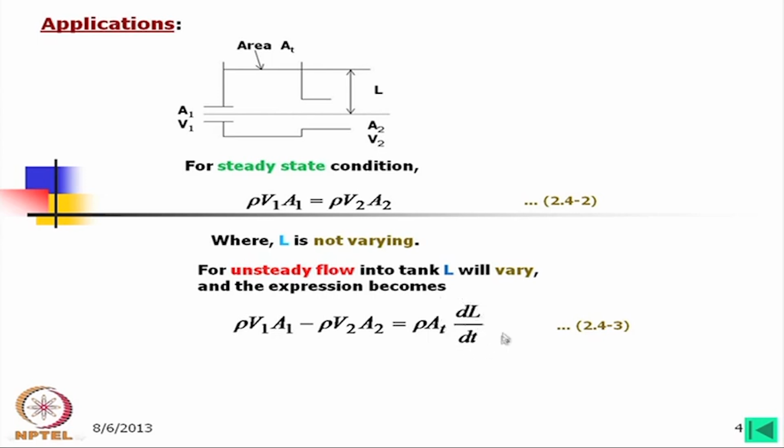This means dL by dt will be positive if this height is increasing, and automatically it will be negative if L is decreasing.